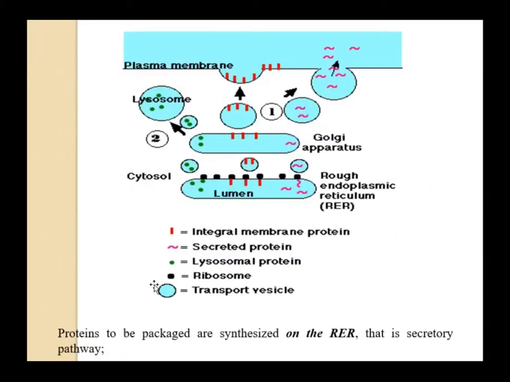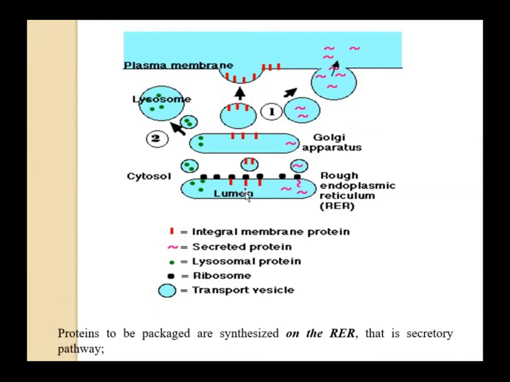So a little about how the proteins will be produced on RER. First of all, we have to recall that proteins on RER need to be packaged, and then they will follow the secretory pathway. They will be proteins of the plasma membrane, for example.